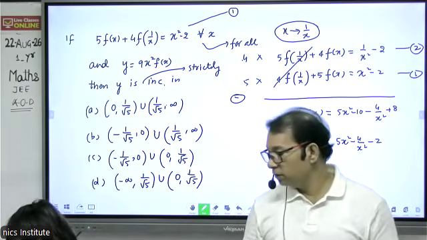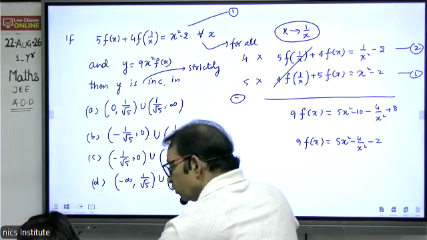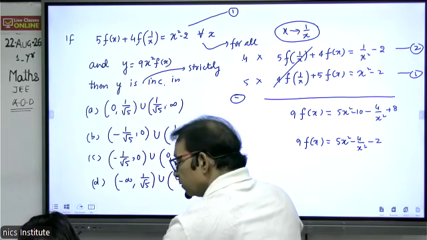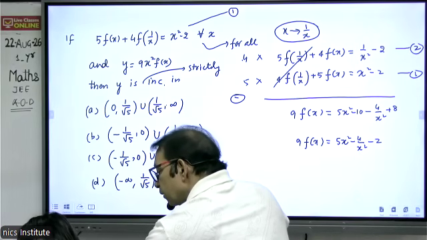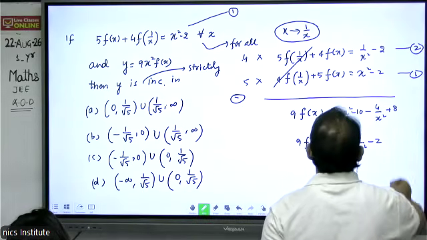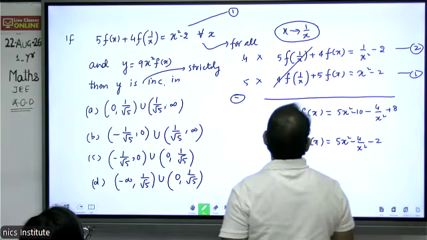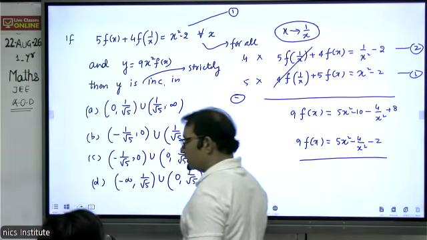ये फंक्शन देखो, इसको हटाना था ना तुम्हें, तो ये तो रिप्लेस कर दो, ये माइनस कर दो. 25 माइनस. You didn't multiply the right side. Is it the function then? 9fx is coming out to be this.